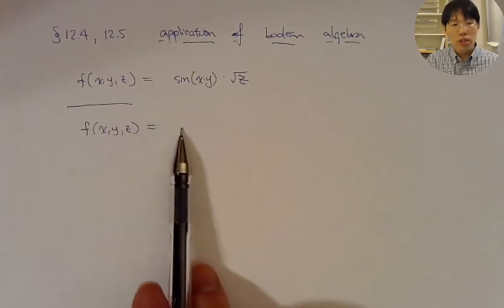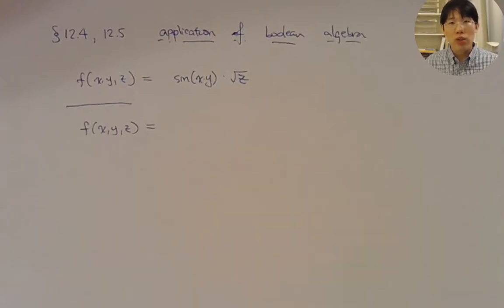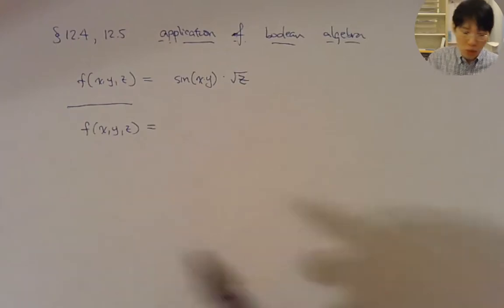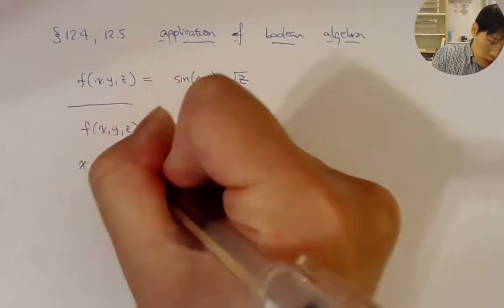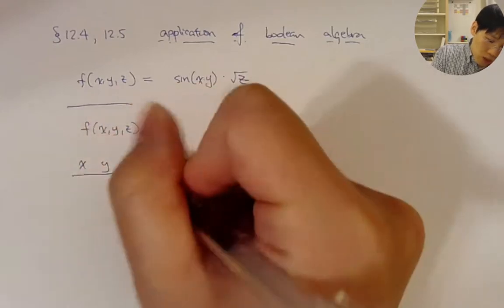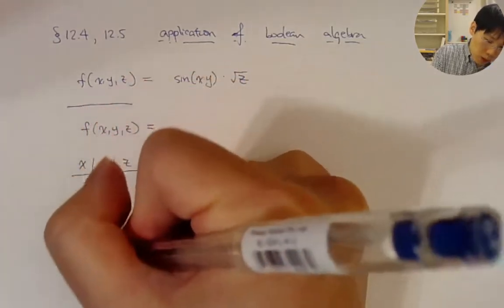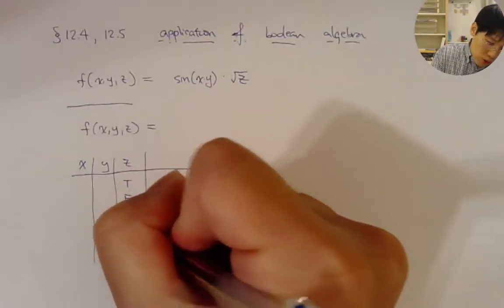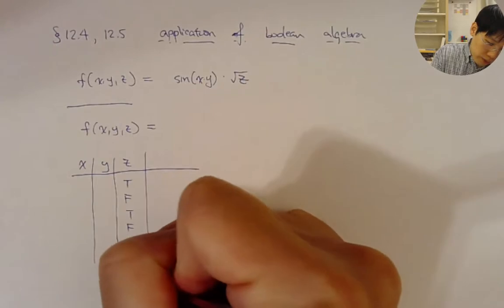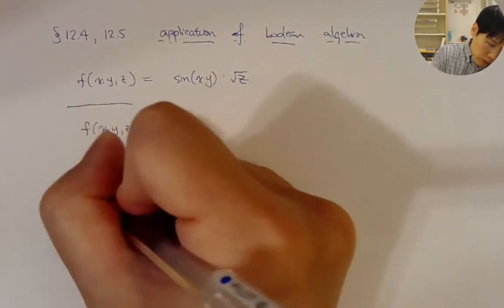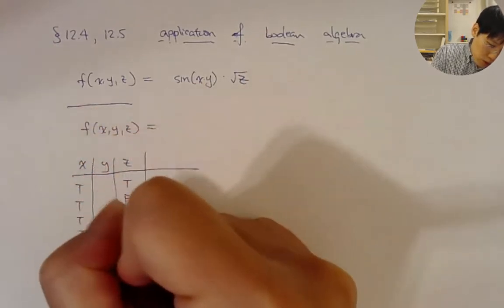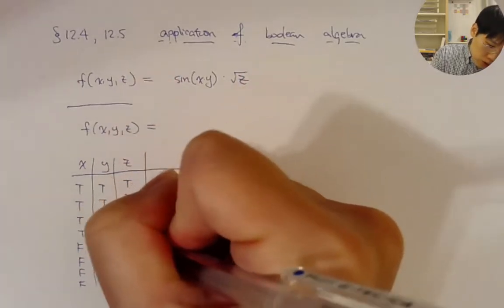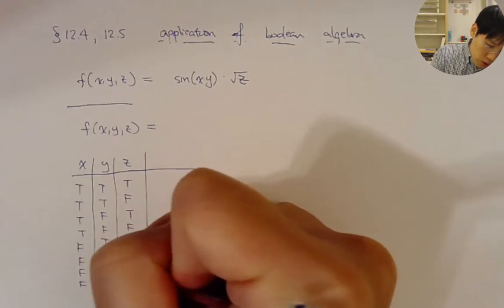Instead of writing a formula, we know that to describe behavior of Boolean things, we can make a truth table. So here, let me make one. We have 3 variables, and by now you're very familiar with how to make truth tables. Alternate true, false here, all trues, all false, and then alternate true, true, false, false, true, true, false, false.